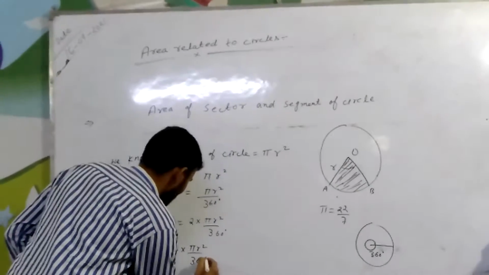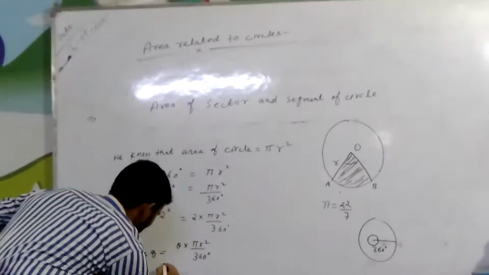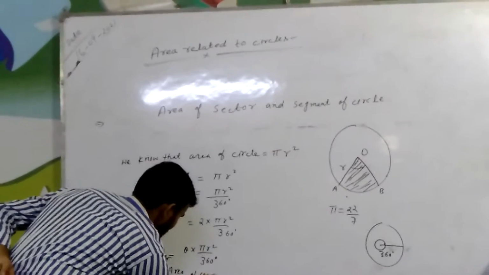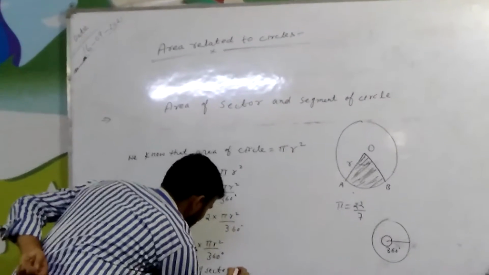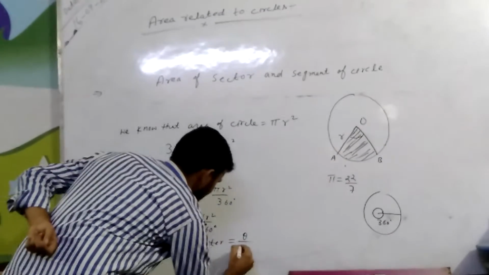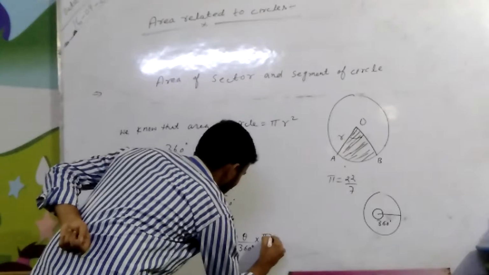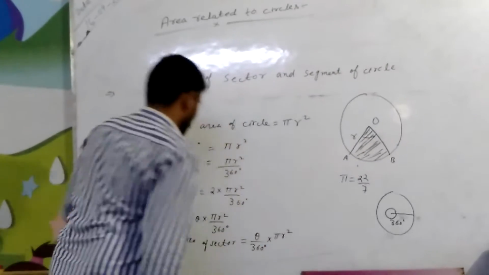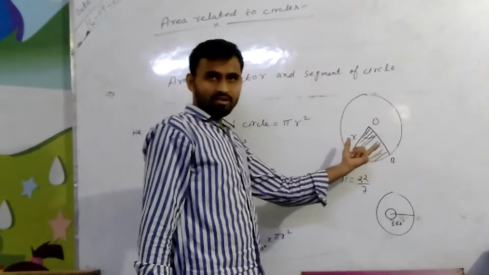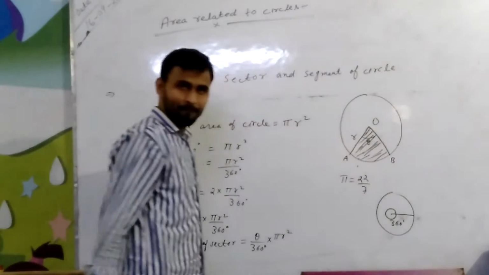So the area of a sector is equal to theta upon 360 into pi r square. This is the formula for finding the area of any sector from angle theta.